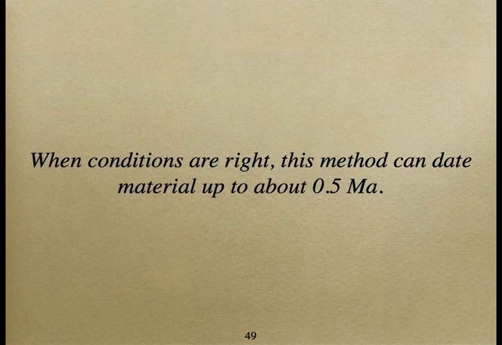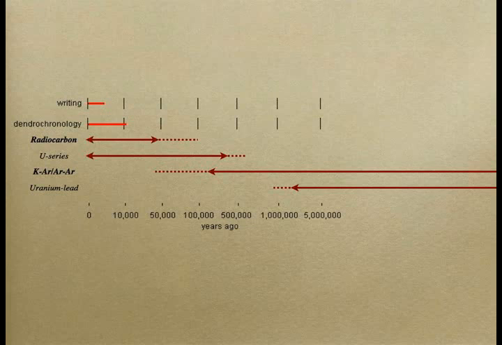Yes, a big issue, but it actually is still a very useful dating method because sometimes the conditions are right. And when the conditions are right, you can date things that are right in between the upper end of carbon dating and the lower end of argon dating.